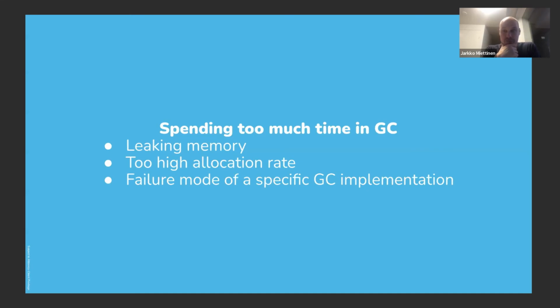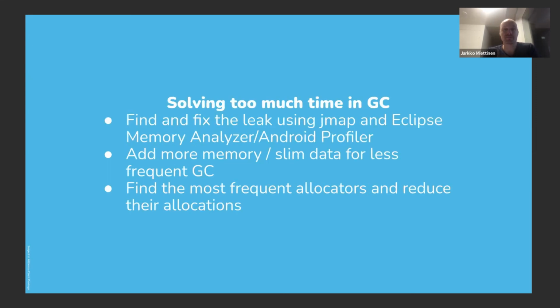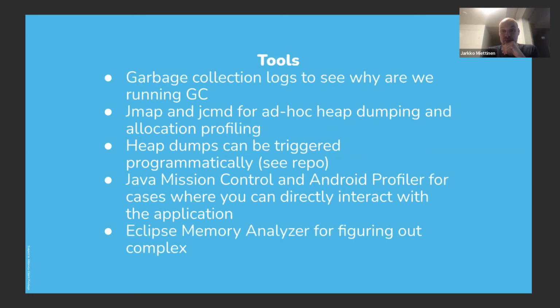Trying to fix the code is often harder, but might still be worthwhile. And it's at least an interesting engineering challenge. So as mentioned, these are more or less the ways to solve the problem of too much time in garbage collection.